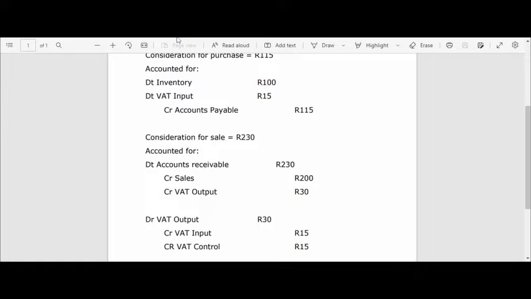So, ladies and gentlemen, if you can type in for me, let's just imagine that those were the only two transactions we had during the course of the 2 month period, just for illustration purposes. But we must remember we are going to add up all the transactions, right? The VAT effect. So what is the total balance?